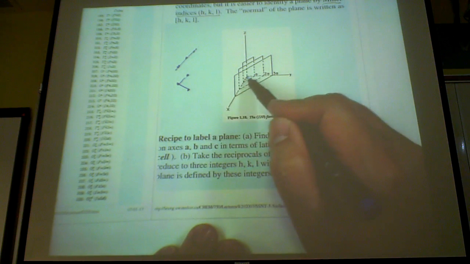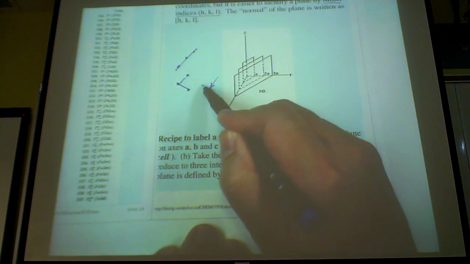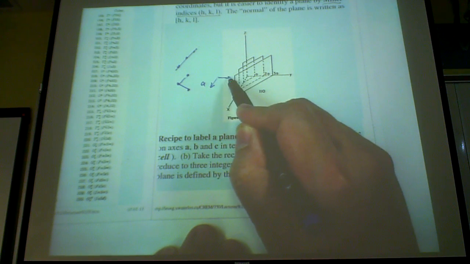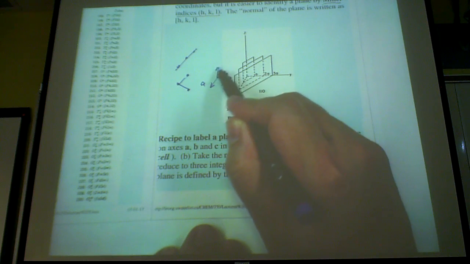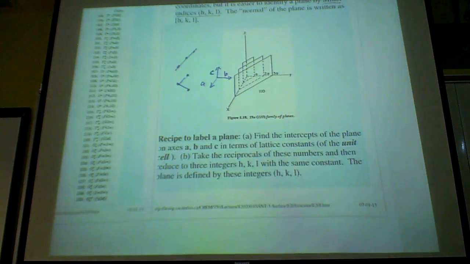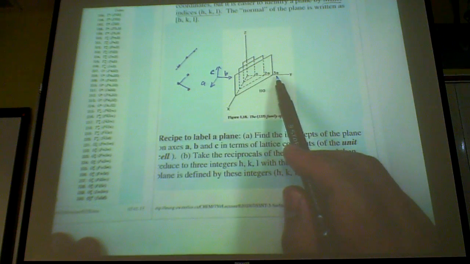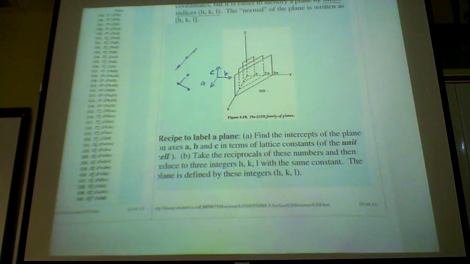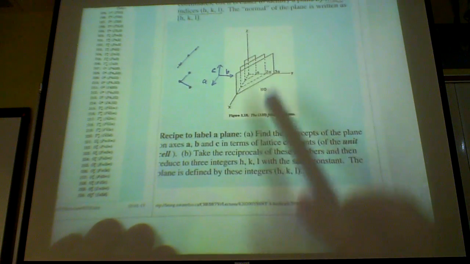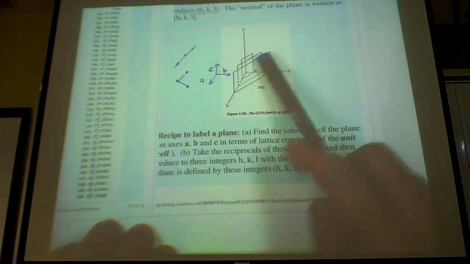Usually you call this one the A axis, the unit vector axis, and this is the B axis, and this is C. Really, that should be B here, 1B, 2B, and 3B, and this should be A in this direction. So you take the intercept. Let's say you look at this plane here.